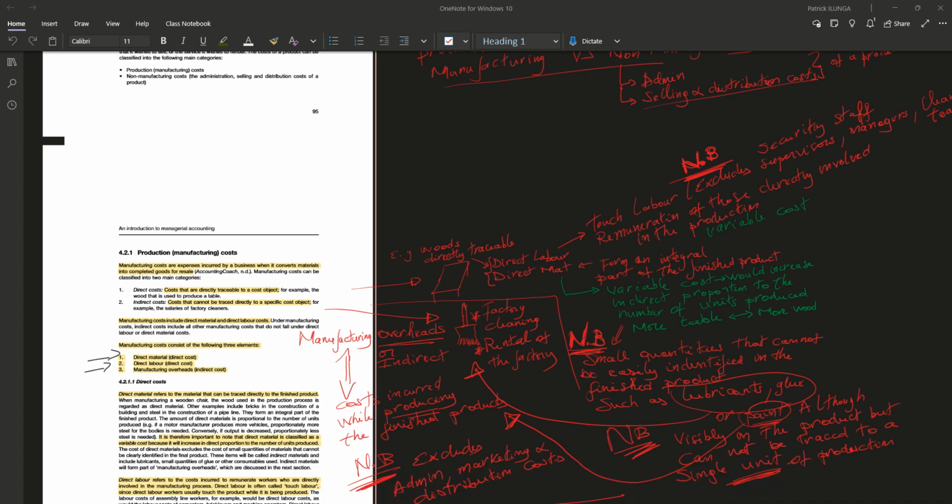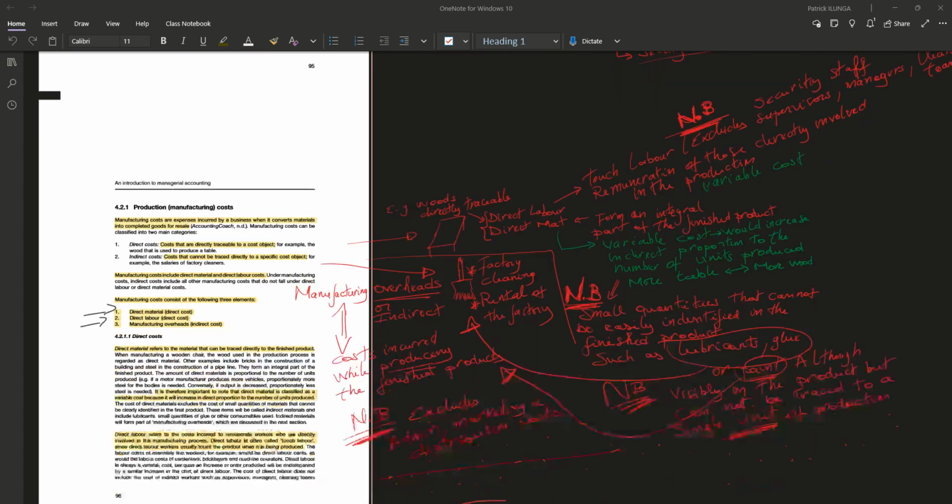Remember, everything is about converting the material into completed goods. This is where I love to use the economic term of input, transformation, output. Input is converted into output.